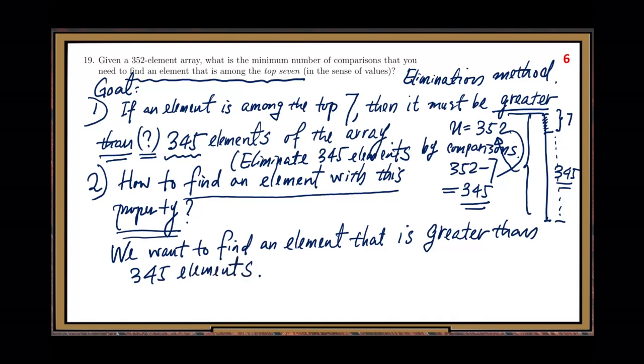Given 352 elements, we want to find one that is greater than 345 elements. Then we're done. The question is how to do it.